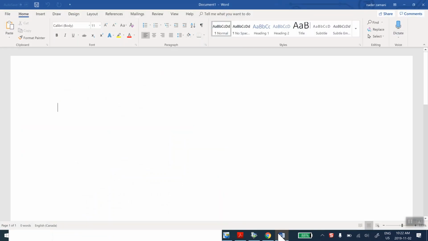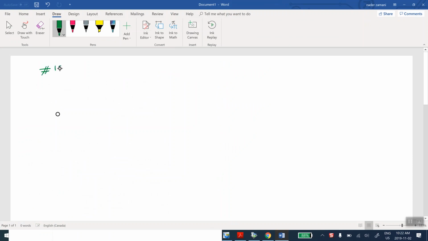Okay, so let's start with number 15. It has sine of 18 degrees, cosine of 27, and in between you have a plus sign, cosine of 18, sine of 27.